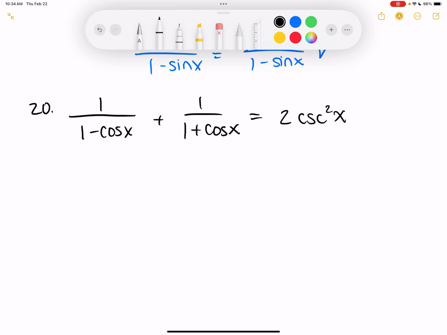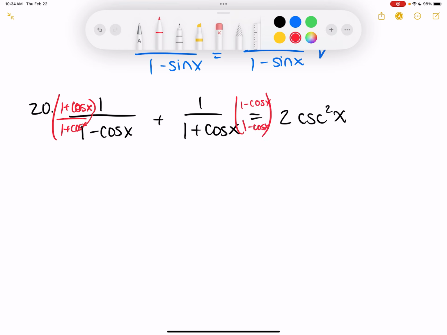Common denominators. Common denominator first, so 1 plus cosine, 1 minus cosine.